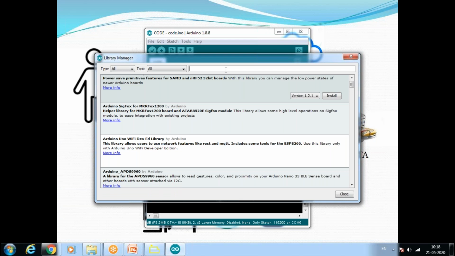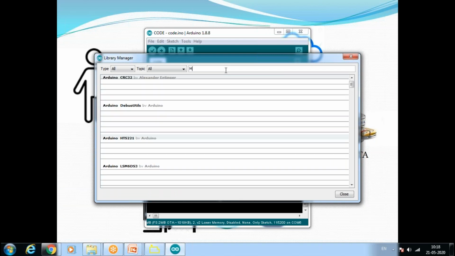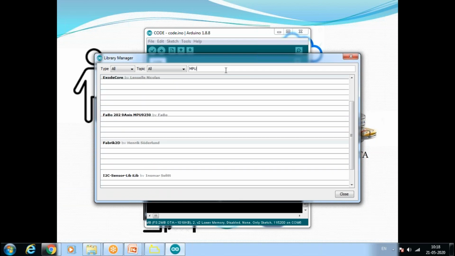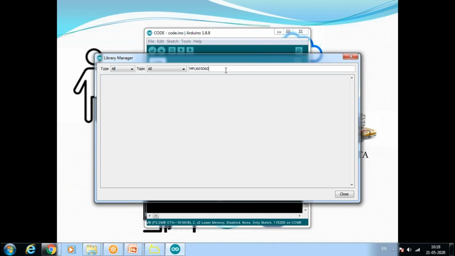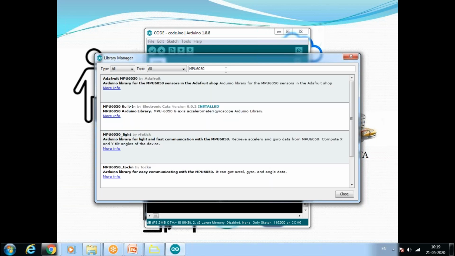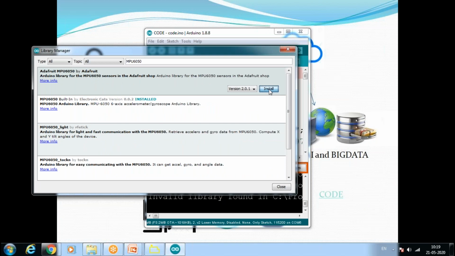Then you write MPU 6050, select Adafruit, the first one, and install.